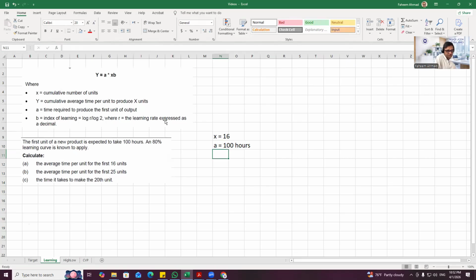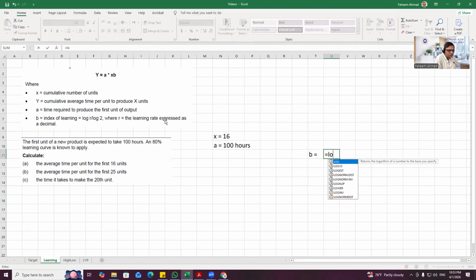So B, we are going to calculate B. So B is equal to log of learning rate R divided by log of 2. So equal sign log of 0.8 divided by log of 2.